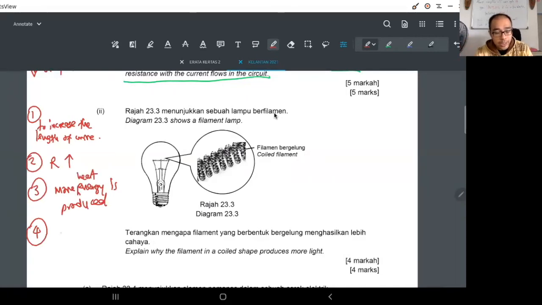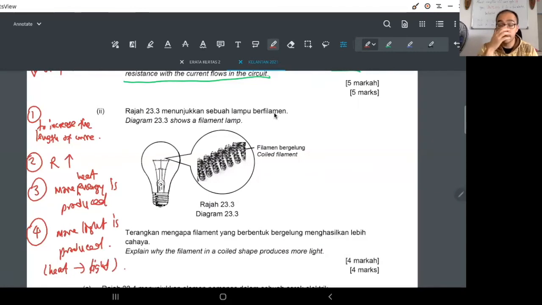And when there's more heat energy, more light is produced. You can say the heat energy changes to light energy.